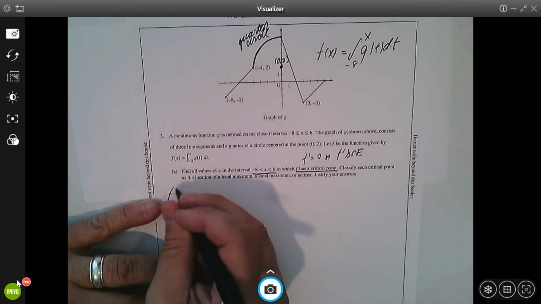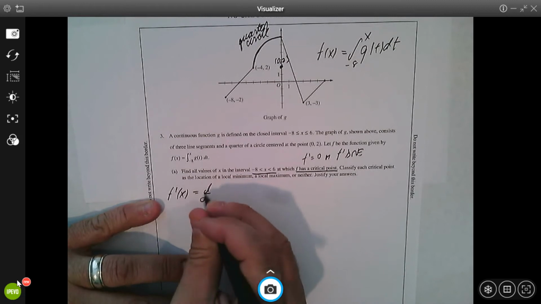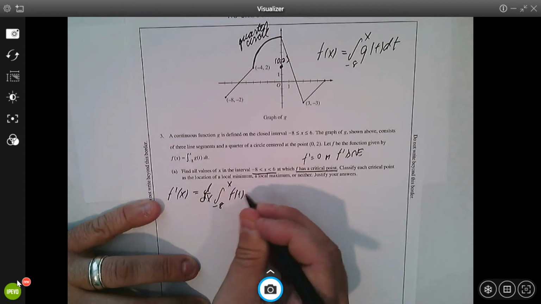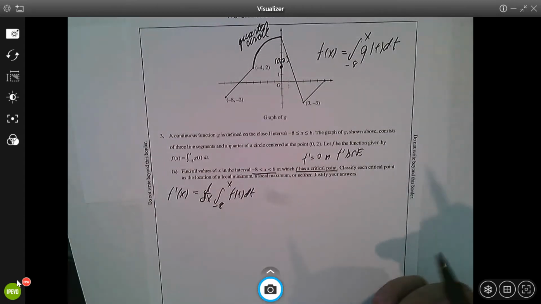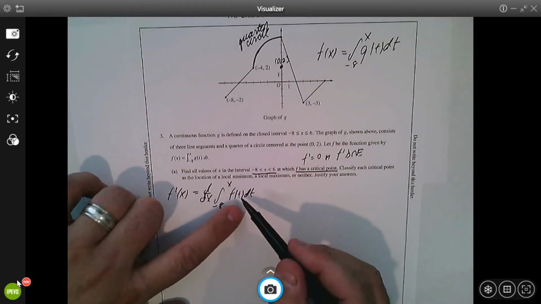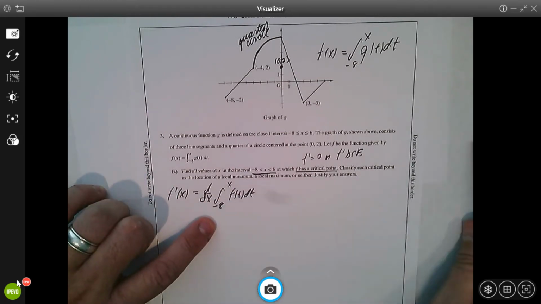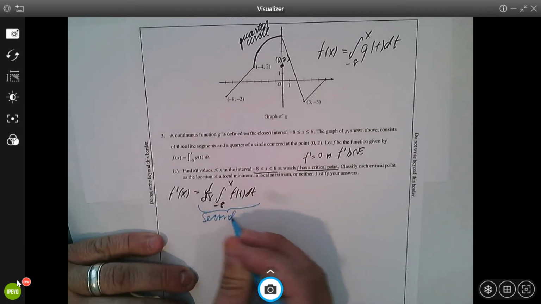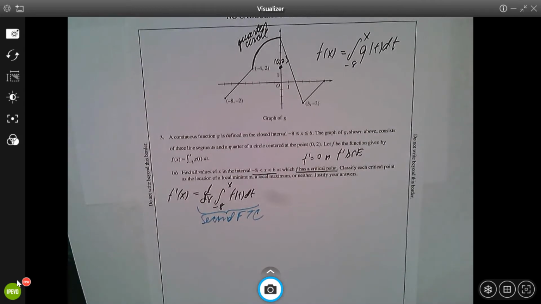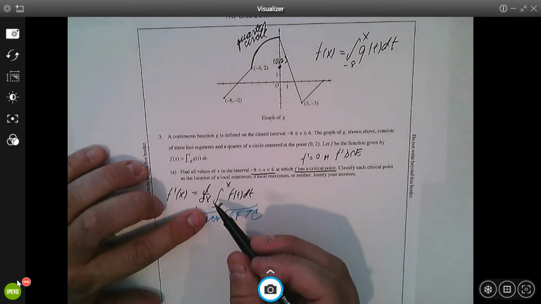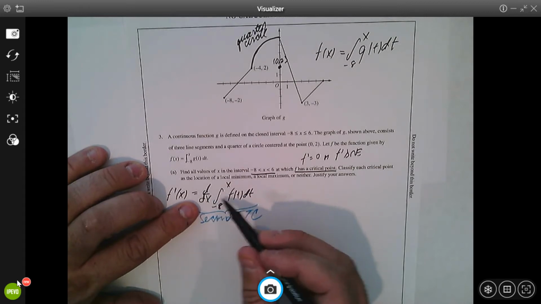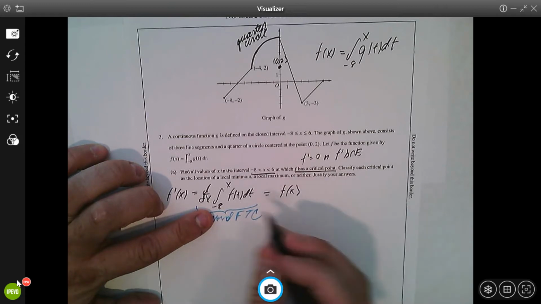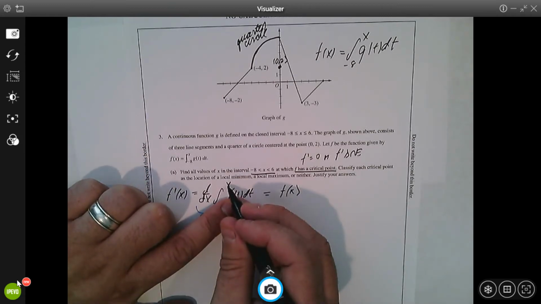Okay, well, let's find the derivative. f prime is the derivative of this integral from -8 to x of f of t dt. The derivative of the integral of a function from a constant up to a variable. This is your second fundamental theorem of calculus. The second fundamental theorem of calculus says when you're in a situation like this, the derivative of the integral of a function from a constant to a variable, the answer is your original function evaluated at the new variable.